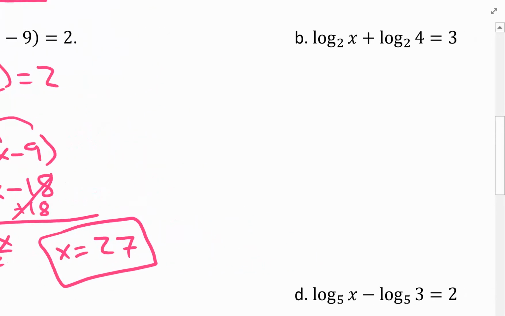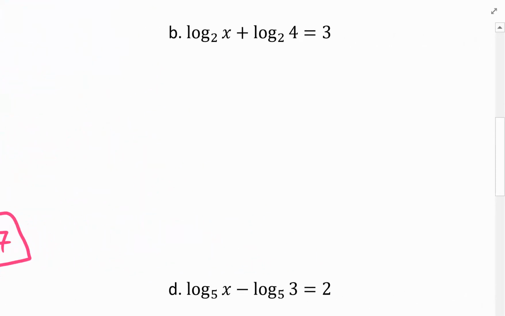Let's do another one. Step 1, combine logs if possible. I have log plus a log, so that turns into log of the first thing times the second thing. To make it look nice, I'll write 4x. Step 2, I have log on one side, so switch forms. First, last, middle.